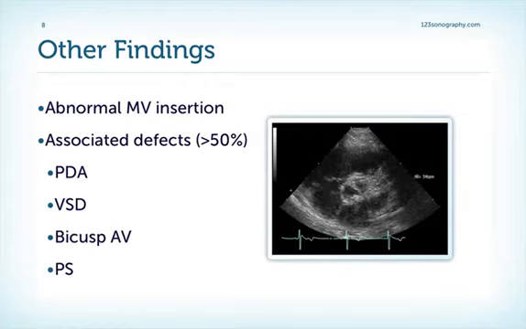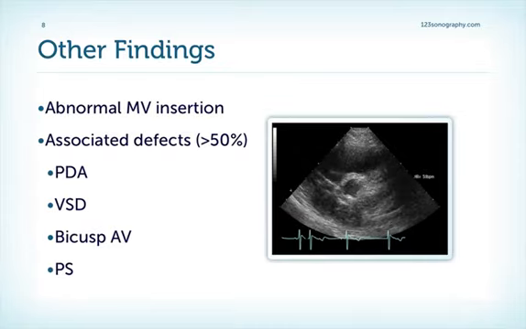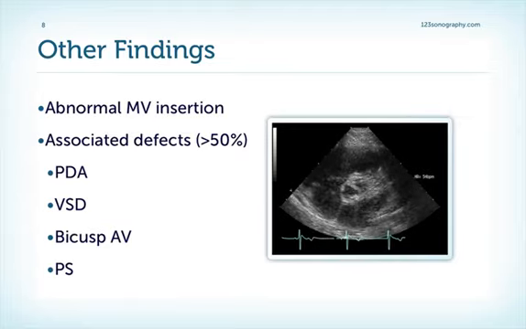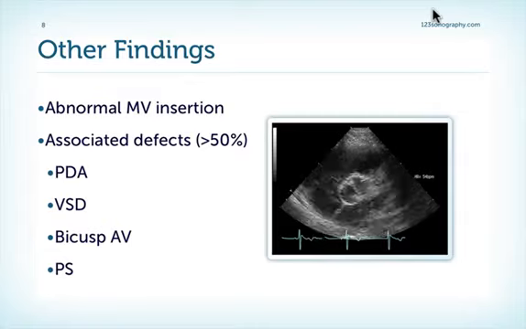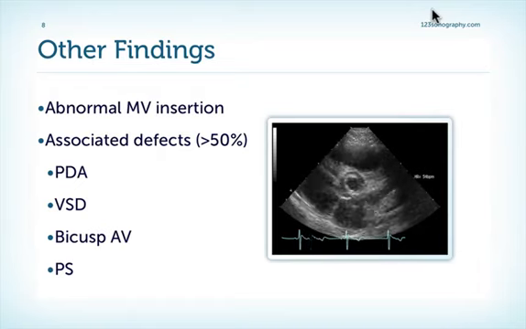Frequently, we encounter other findings in these patients. Quite often, there are abnormal mitral valve insertions, or these patients can have associated defects in more than 50% of cases. There can be a PDA, a ventricular septal defect, or as in this patient here, bicuspid aortic valve, or even pulmonary stenosis.